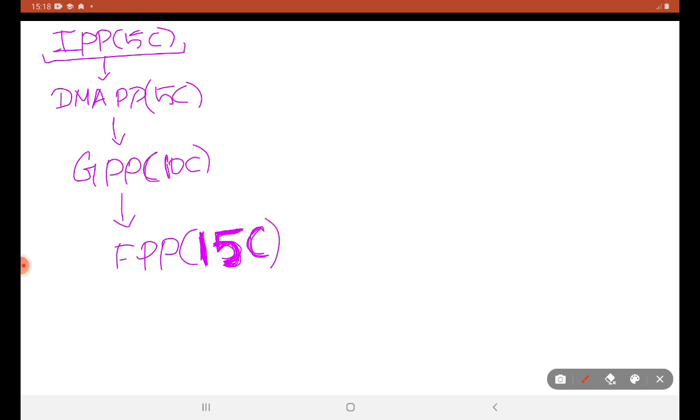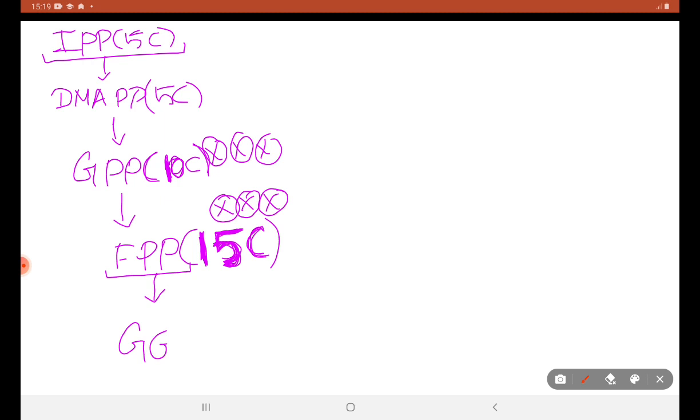Geranyl pyrophosphate is a 10-carbon compound. Please make a note of it. It is very important to know the number of carbon atoms involved. Farnesyl pyrophosphate is converted into geranyl pyrophosphate, which is a 20-carbon compound.